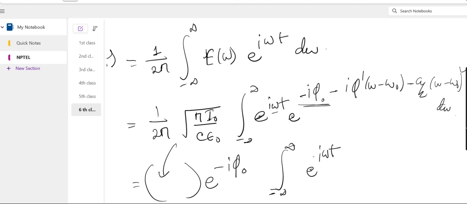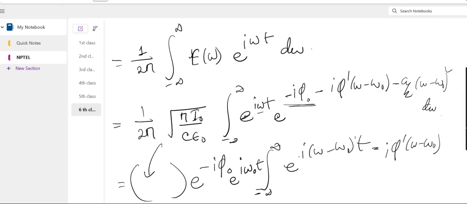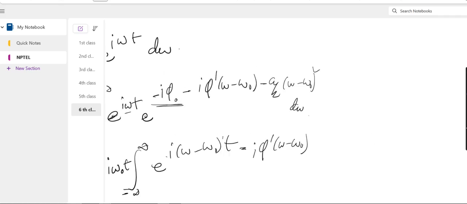So for that reason, if we write it like this, we need to put a plus, e to the power I omega naught t, minus I phi dash omega minus omega naught, minus a by 2 omega minus omega naught whole square.